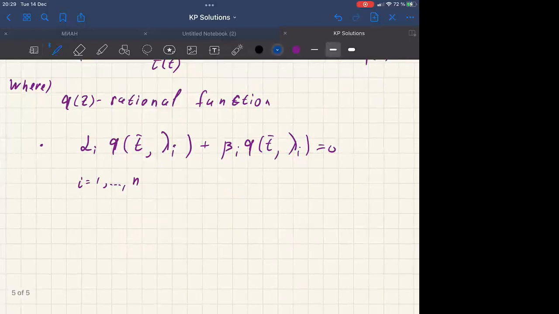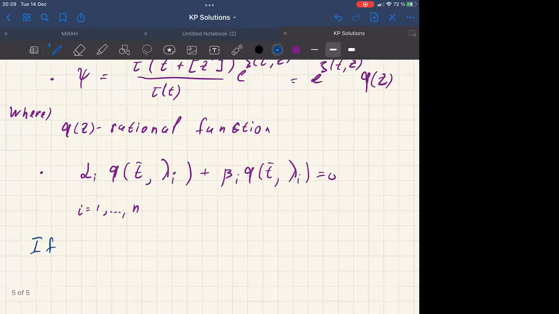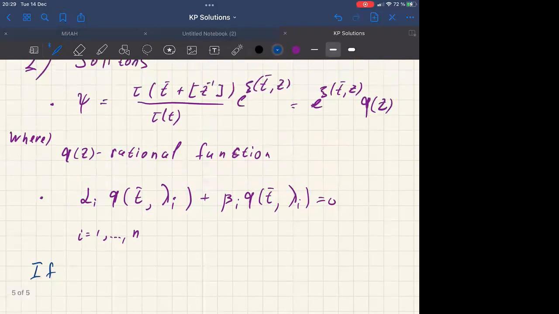And what is lambda i in this formula? You have Q of Z in the formula for the Baker-Akhiezer function, yes? Well, these are parameters. My question is that in the definition of Q, Q of Z is a function of one variable.